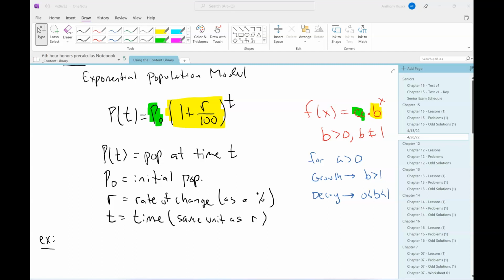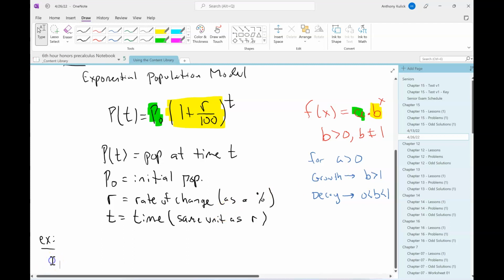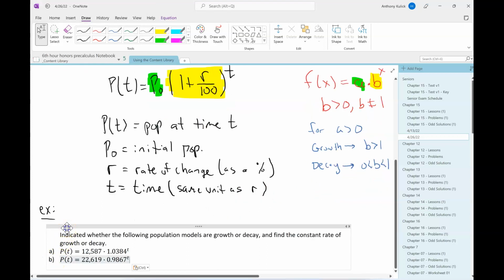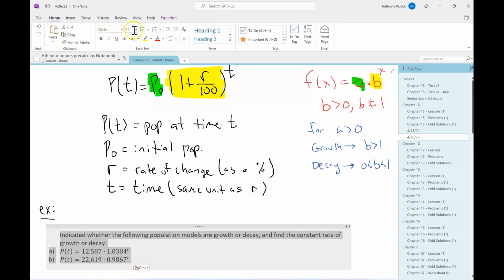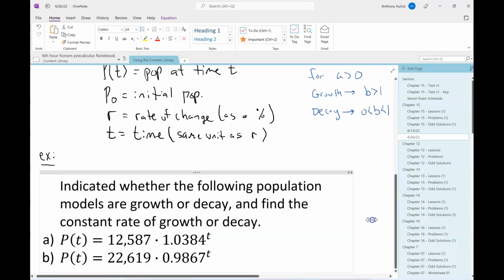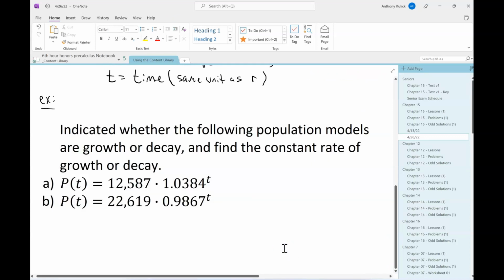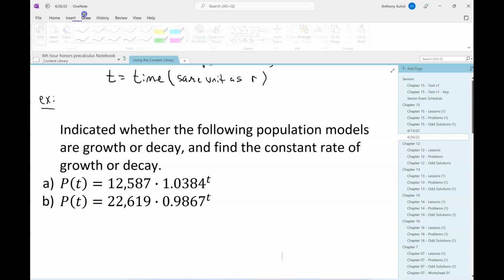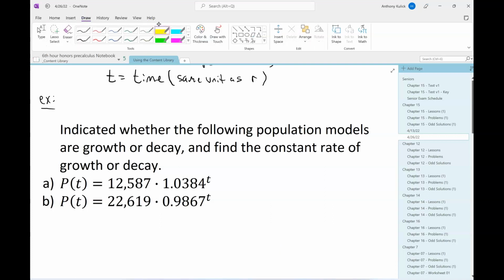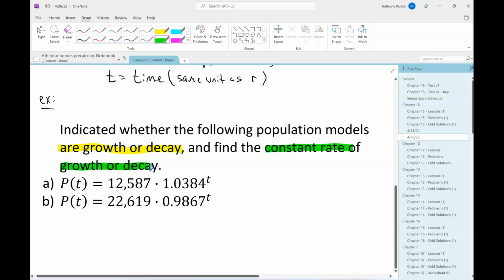So let's do a little example here. You're given two population models, and we're going to ask whether they are growth or decay, and then to find the constant rate of growth or decay.